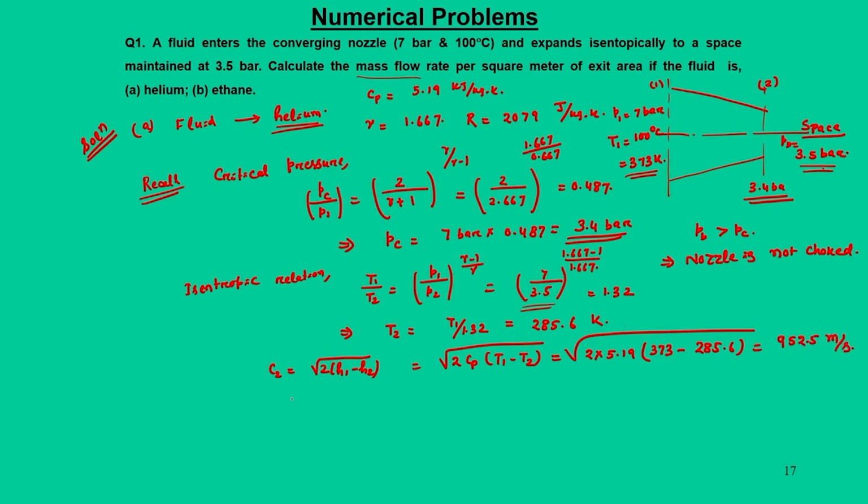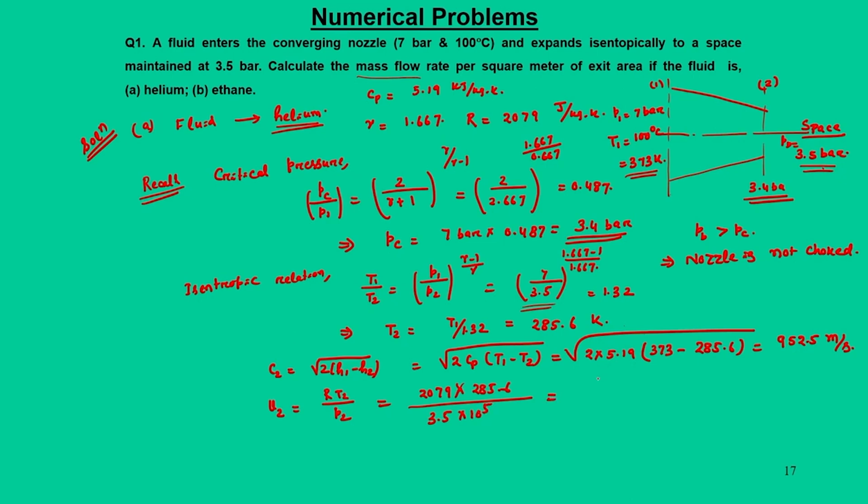Once we know C2, we also find out specific volume V2, that is R T2 by P2. R is 2079 into T2 is 285.6, P2 is 3.5 bar, that is 3.5 into 10 to the power 5.